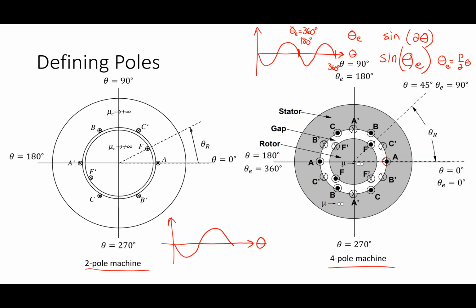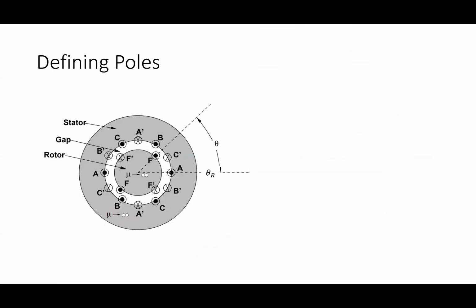All right, so we talk about an electrical angle and a mechanical angle, an angle that exists in the real world and an angle that exists in the physical space. So in general, for a P-pole machine, I have theta E equal to P over 2 times theta.